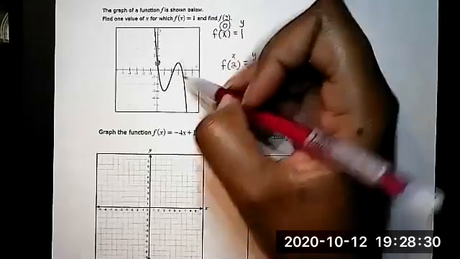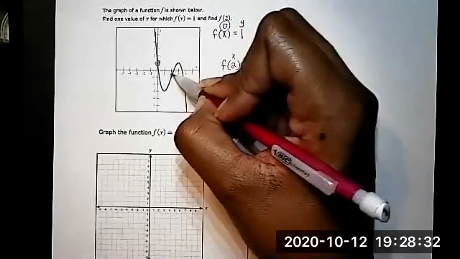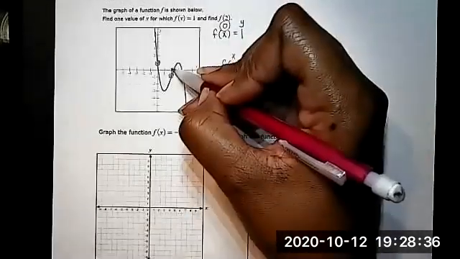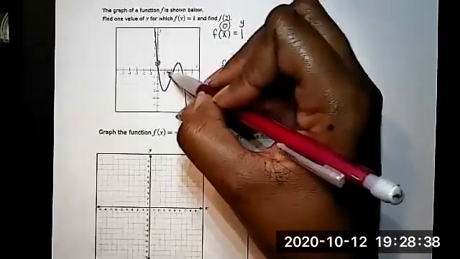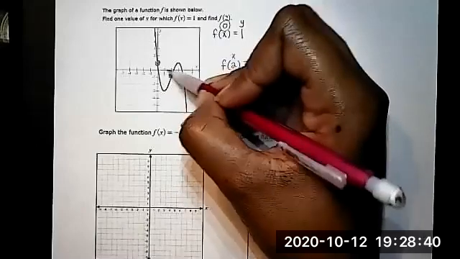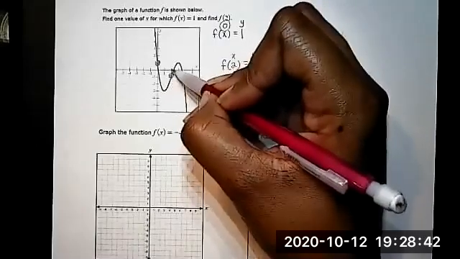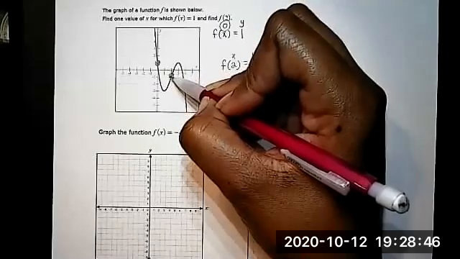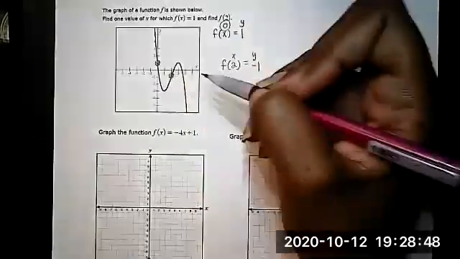If I go down 1, it looks like down 1 is right here. Okay, so -1. I went to 2 on the x line, and then I had to go down to where my line was and put a dot there, and I had to go down 1. So that would be my y value.